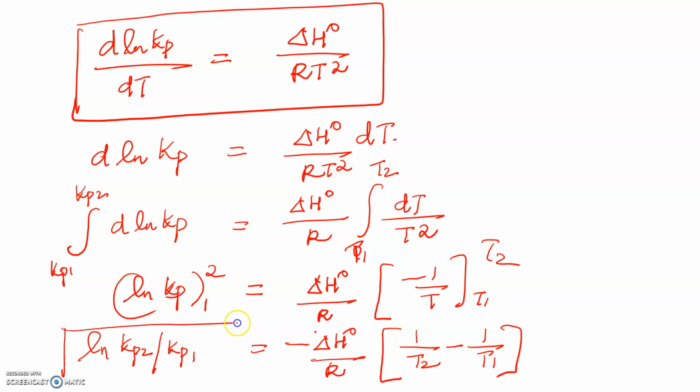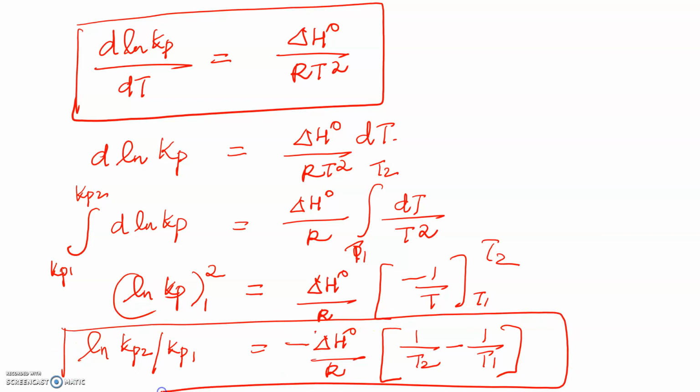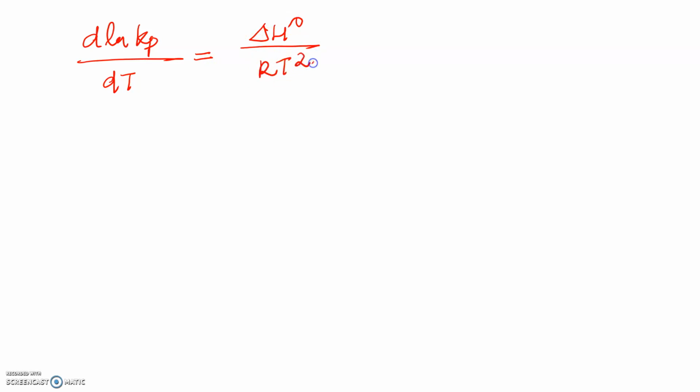This is the integrated form of Van't Hoff's equation. Okay. So we have d ln Kp by dT is equal to delta H0 by RT squared.